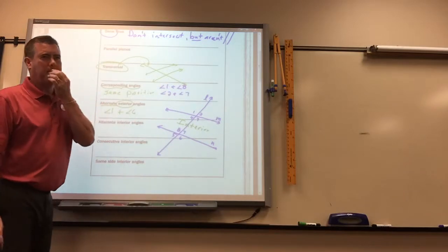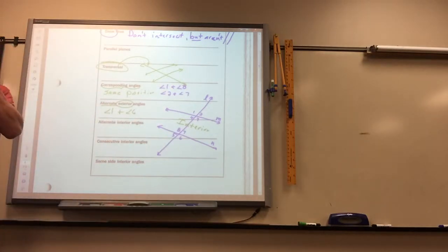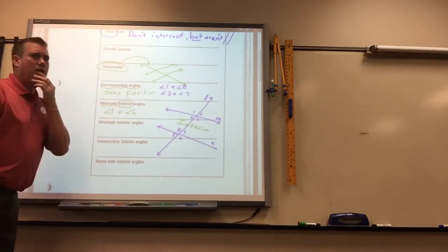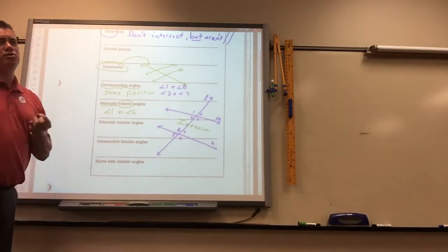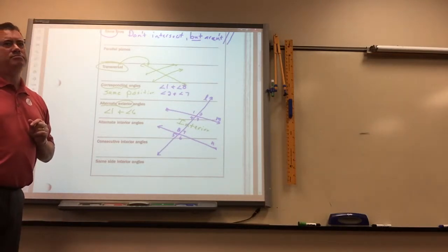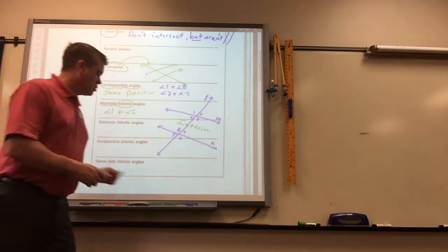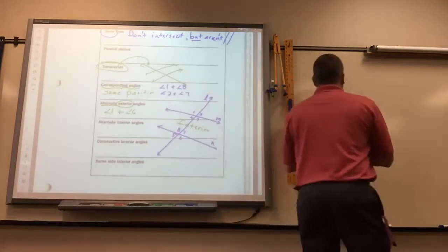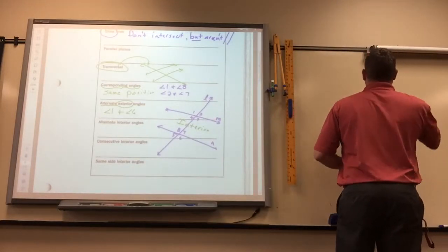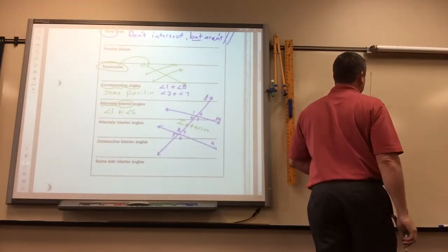What if you had 3 parallel lines? Which ones would be the exterior ones? Depends upon which 2. You only look at 2 lines at a time. Because we had that worksheet. So, all it is if they've got 3 lines, they also had 2 transversals, I think.